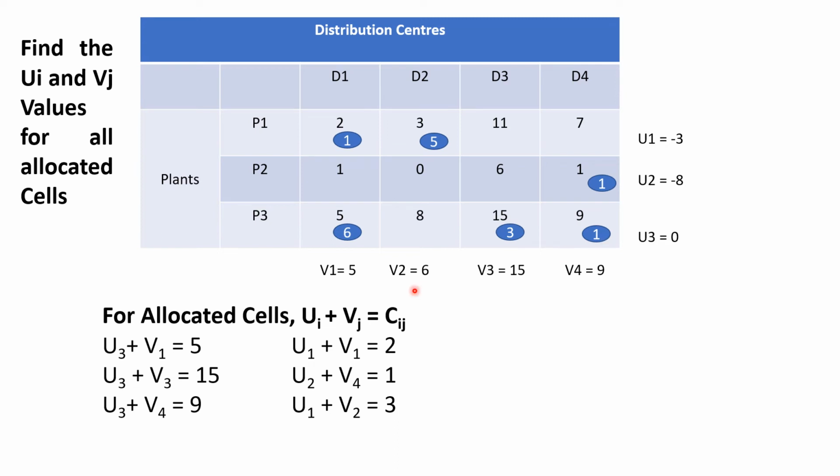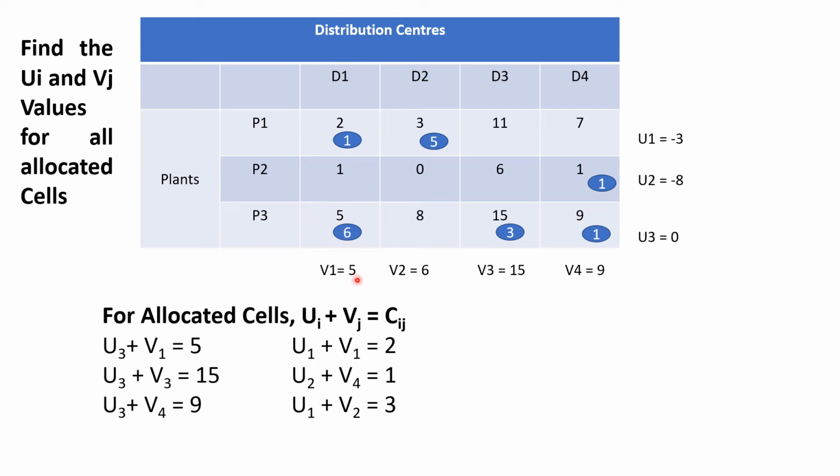So what I said, for the allocated cell, the formula is ui plus vj equals cij. So this is u3 is 0, right? This is an allocated cell, this is an allocated cell, this is an allocated cell. So u3 plus v1, because this is with respect to column v1, equals the unit transportation cost, that is 5.